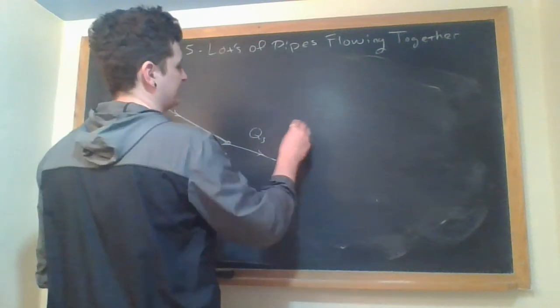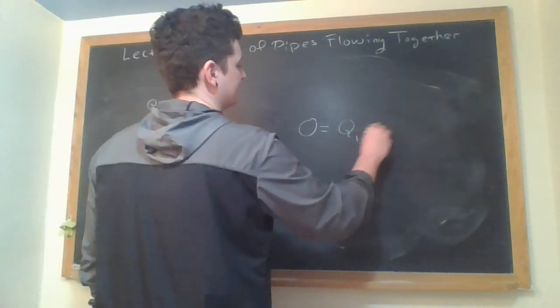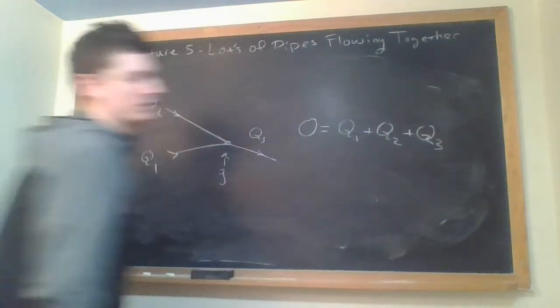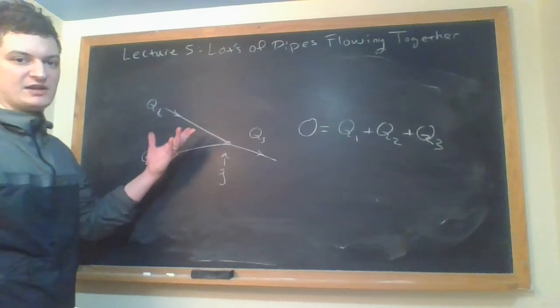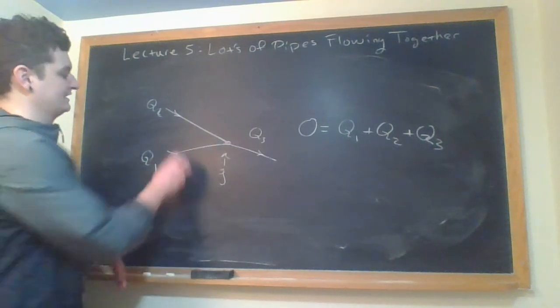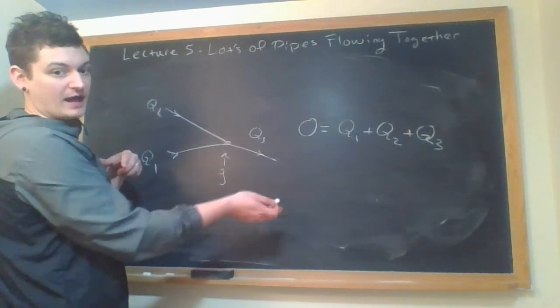For the junction law, 0 is the sum of all of these. And that's nothing more than what you did in circuits. At a junction point, you can't generate fluid mass, so whatever comes in has to go out. So that's this idea of these arrows.